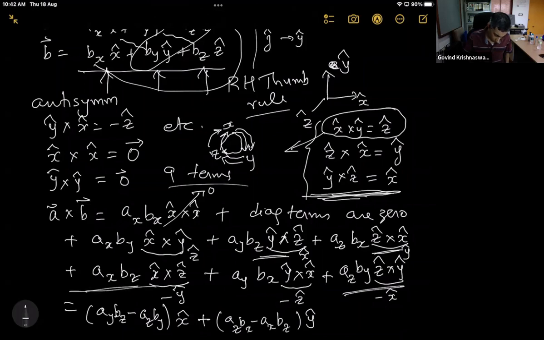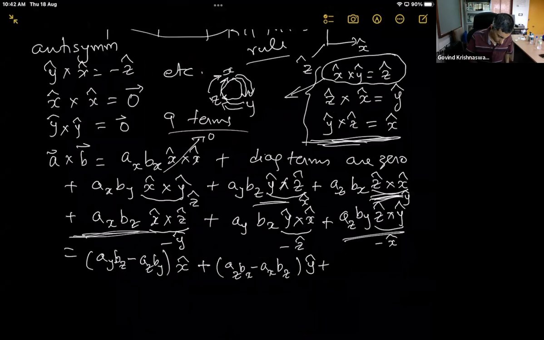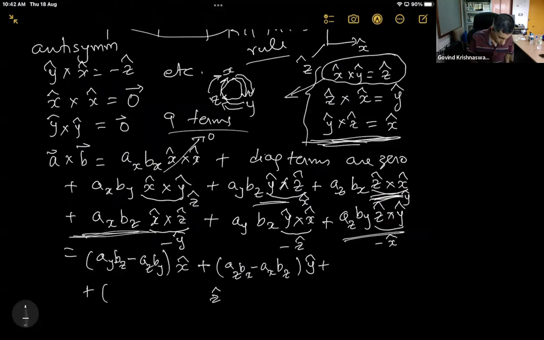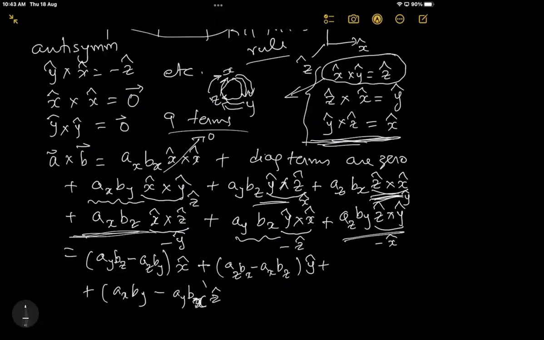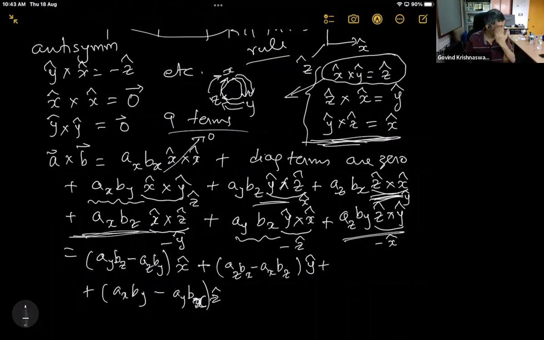And finally, the coefficient of z, which is from here, AX BY minus AY BX. I invite you to do the same if you have not done it already. And here are the components.